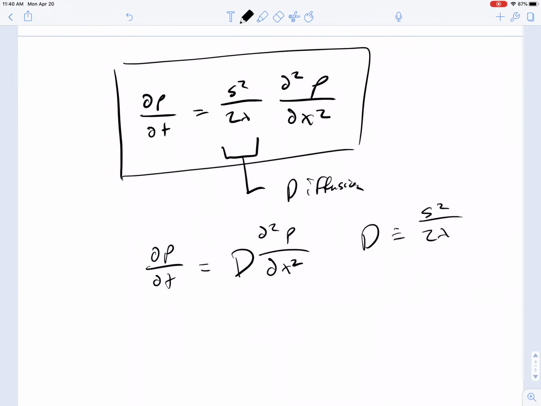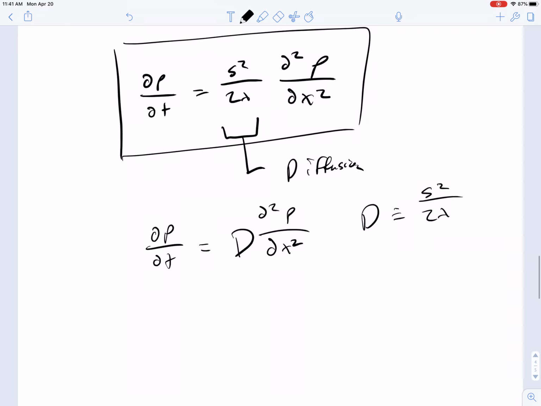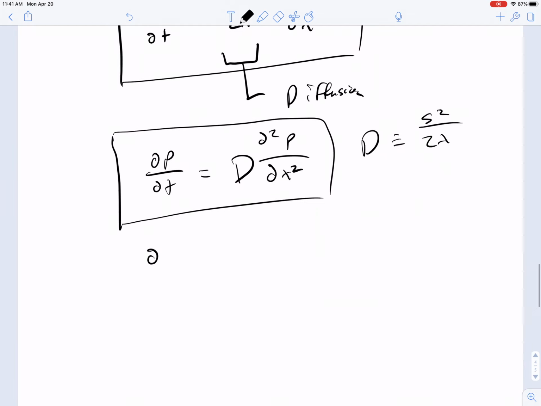So when you have a process where molecules flip directions and they all have the same speed, you can get an equation that looks like this, which is really similar to an equation we've seen before, which is alpha del squared temperature over del x squared.